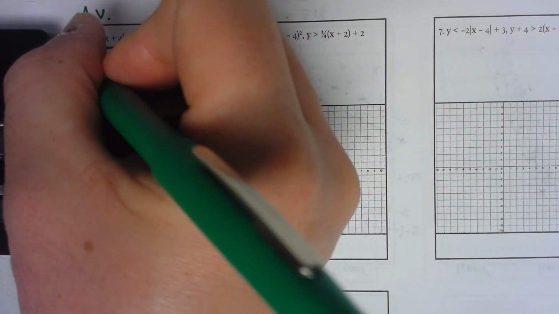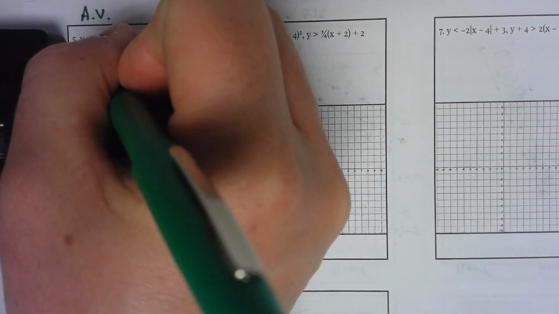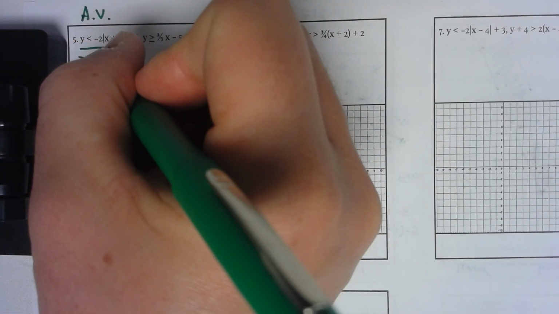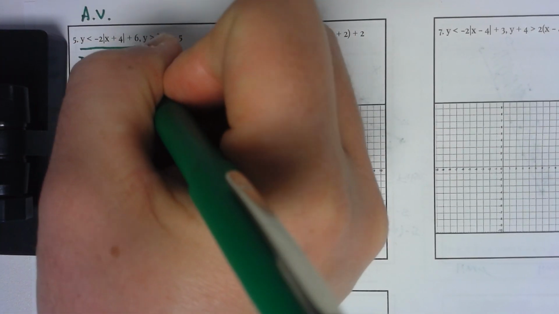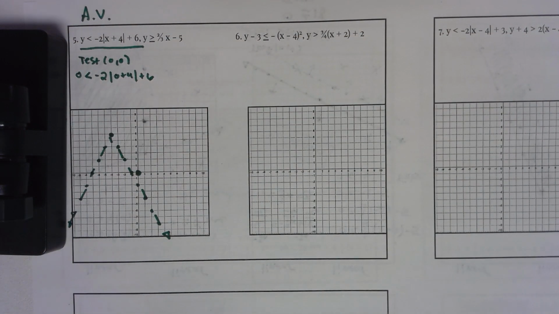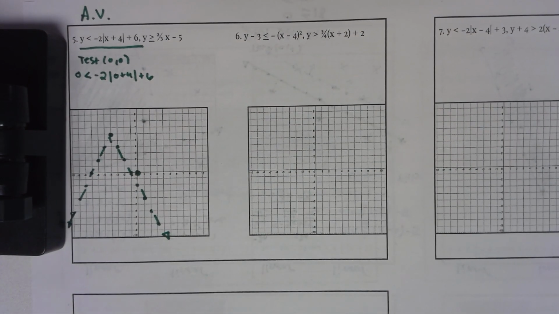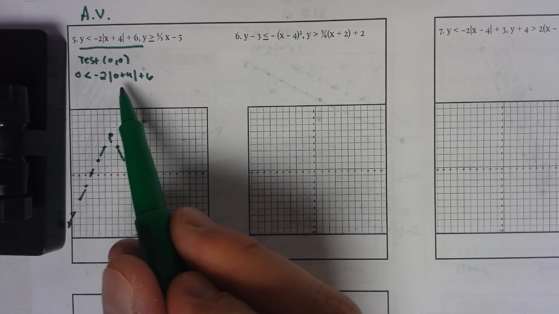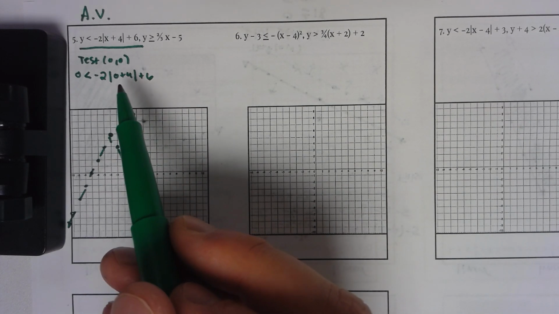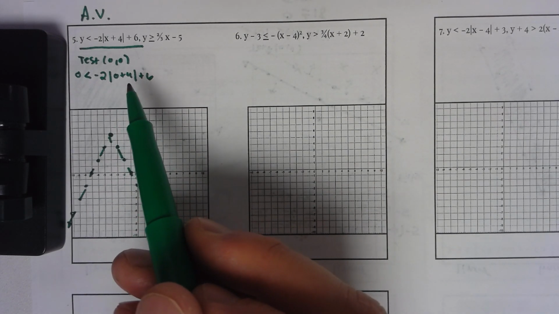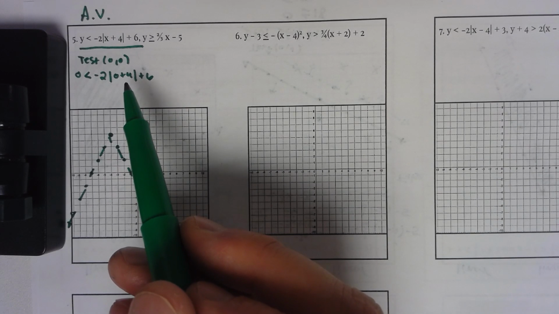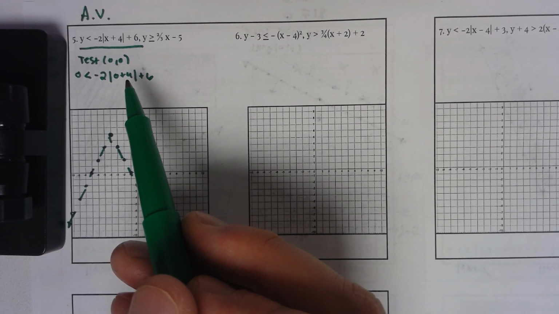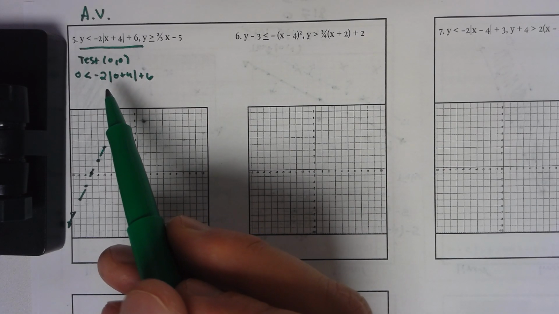I'm seeing if 0 is less than -2 times the absolute value of 0 + 4, plus 6. Just to save some room on the right side, I'll think about how these numbers work out. Going through PEMDAS, I do the parentheses first, which are the absolute value brackets. 0 + 4 is 4. The absolute value of 4 is still 4. Then 4 times -2 is -8.